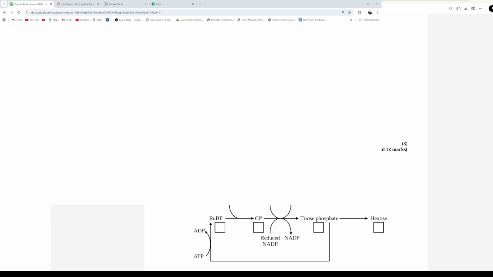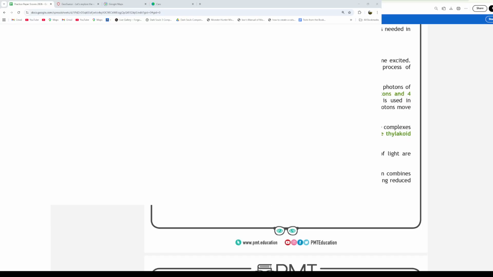And then maybe you have to mention something about it's not the matrix, it's the stroma. So let's see what the answer is.